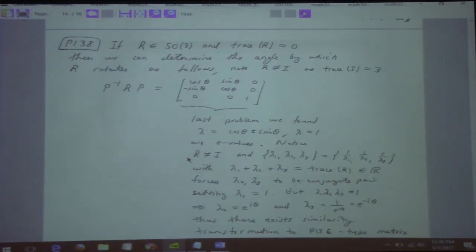And so what I'm trying to say is that you can basically change coordinates so that it's like part A. And given that the trace is invariant, the trace of this is the trace of that, but the trace of this is 2 times the cosine of theta plus 1, so we can figure out the angle of the rotation from looking at just the trace of the matrix. The trace of the matrix will be 2 times cosine theta plus 1.